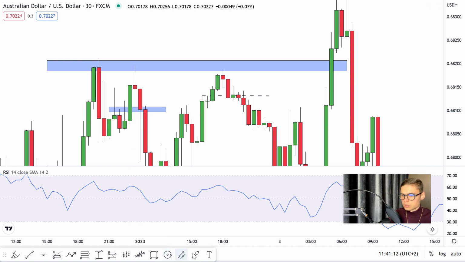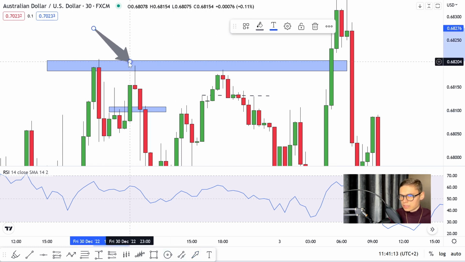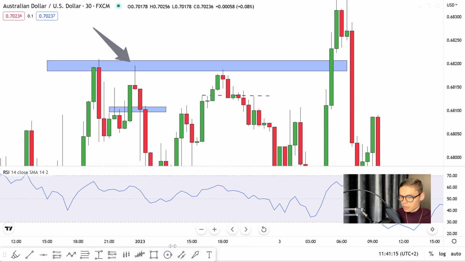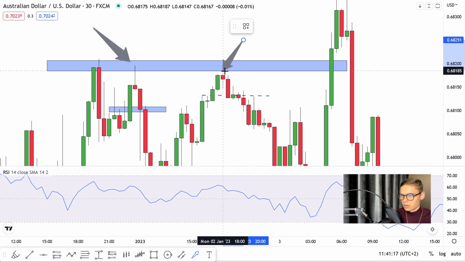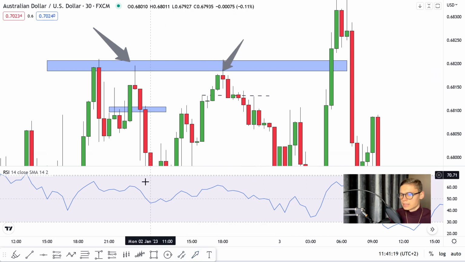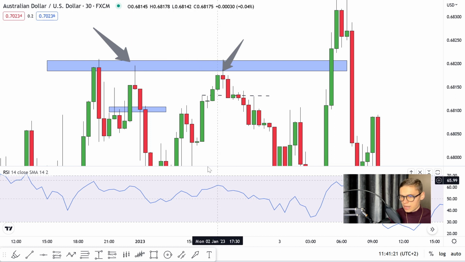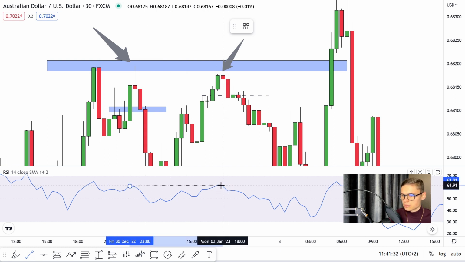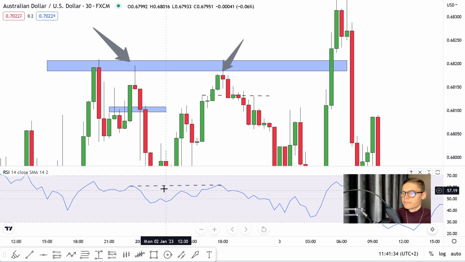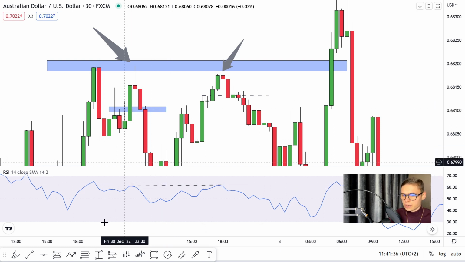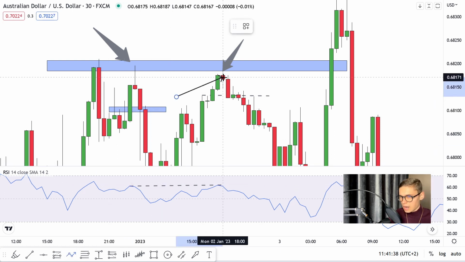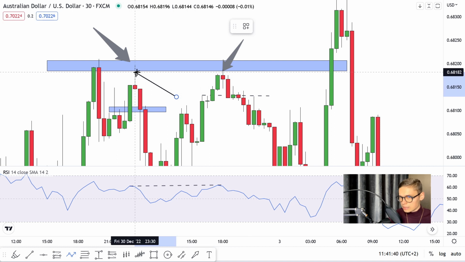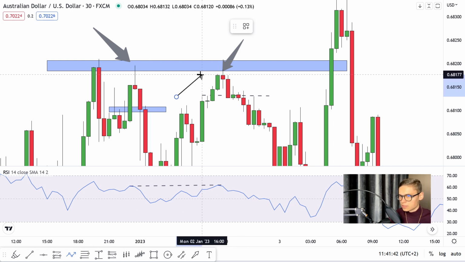So what you need to do is take this high right here, because we are anticipating a double top, and take this high right here, our second high, and then look at the RSI. RSI has corresponding highs as well. And here what you need to do is compare these highs to look whether we have some sort of divergence, and in fact we do, because over here, as you can see, this high is a little bit lower than this high, or it could be at the same level, it doesn't matter.